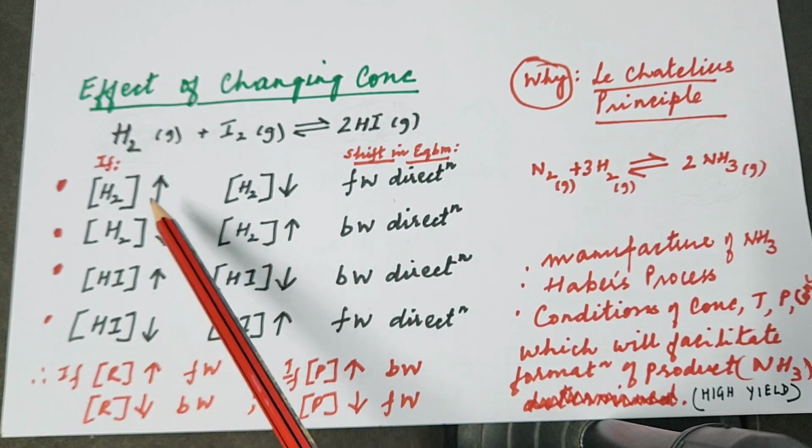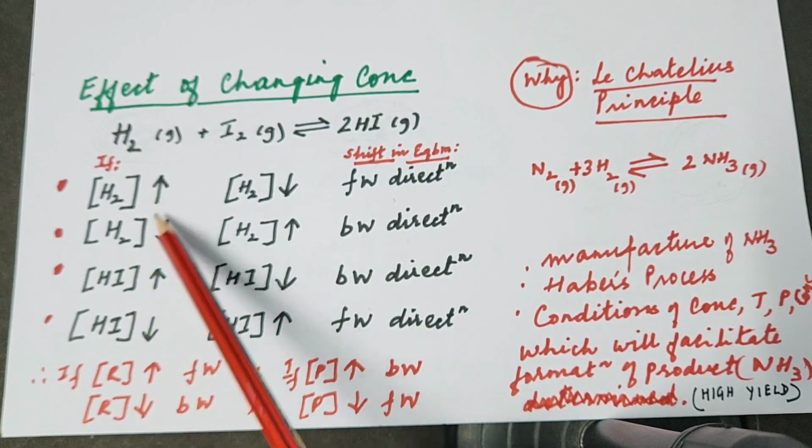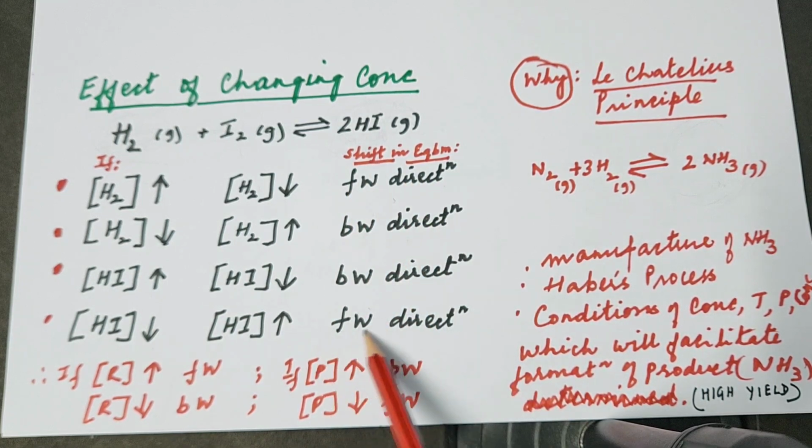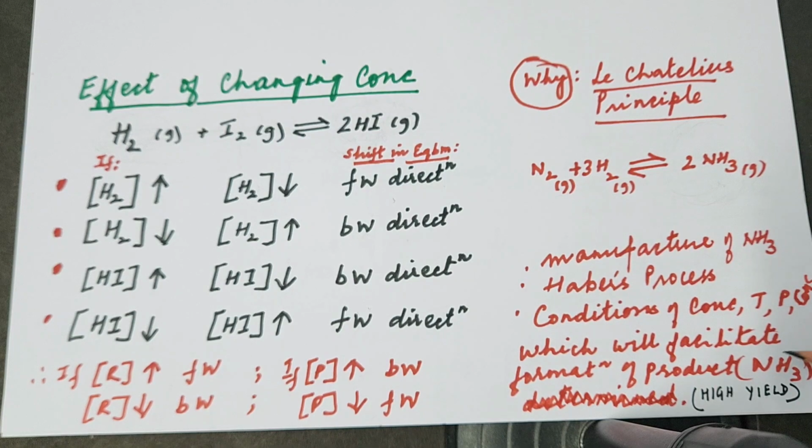So you can see that by understanding the movement of the equilibrium, which is the changes which aid in the forward direction, we can determine those conditions of concentration we've already studied, and we shall be studying of temperature or pressure, which will help us to shift the equilibrium in the forward direction, which will aid us in getting a higher yield of the product which is being manufactured.